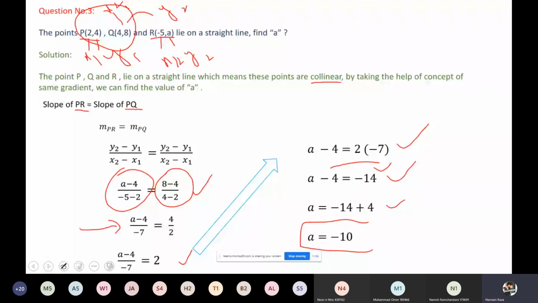I hope those who could not solve it have now understood it. If you have any question related to this particular question, do let me know by turning on your speakers. Otherwise, I'll move to the next question that is to be solved by you in the allocated time.